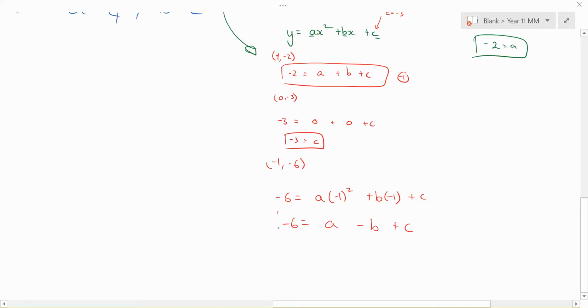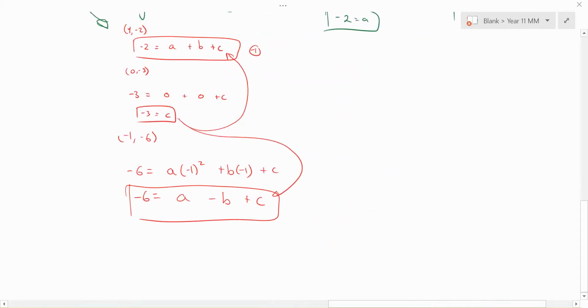And your job is to solve simultaneous equations to figure out the solution. You can do this by hand or algebraically. If I were to do it by hand, I already know c is negative 3. So this gives me 2 new equations. It's negative 2 equals a plus b minus 3. And this equation is negative 6 equals a minus b minus 3.